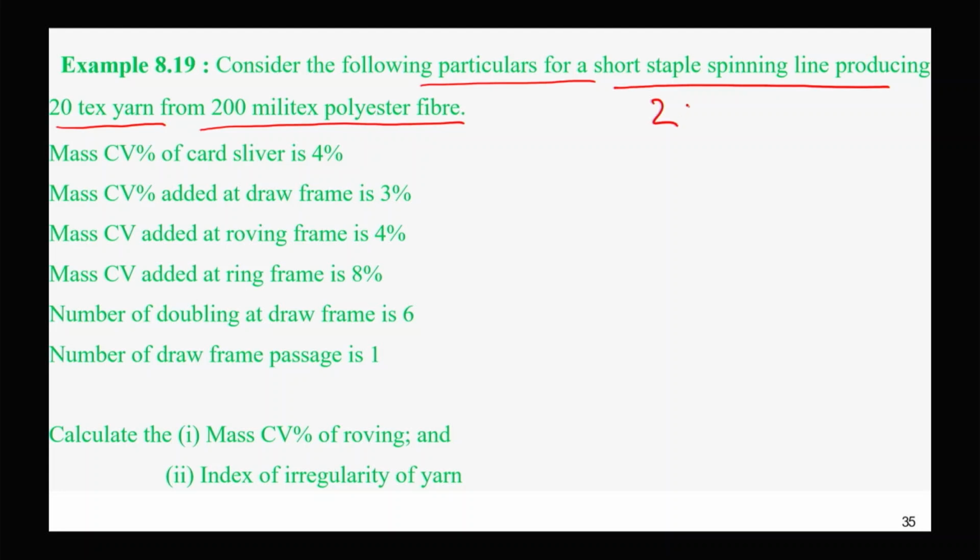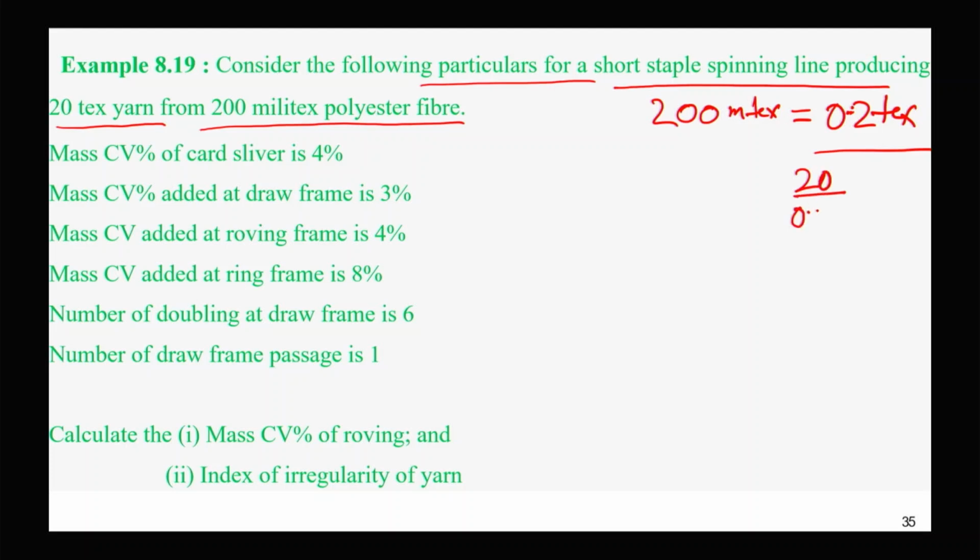So 200 millitex means 0.2 tex fiber, and the yarn tex is 20.